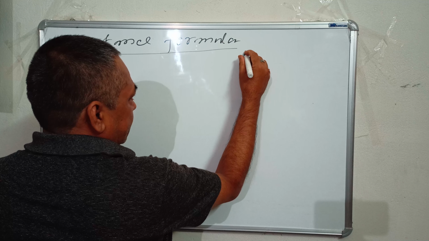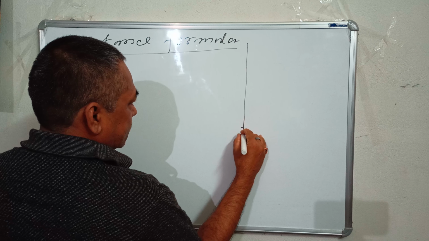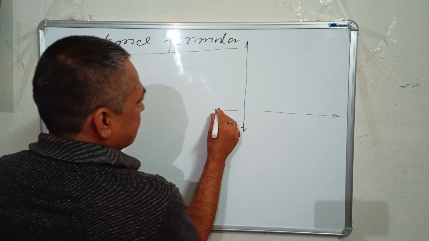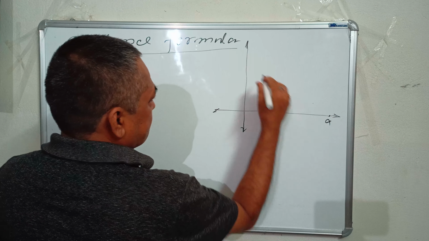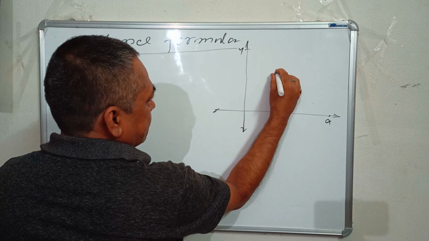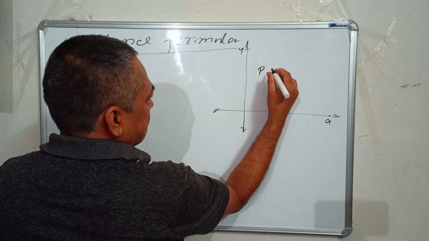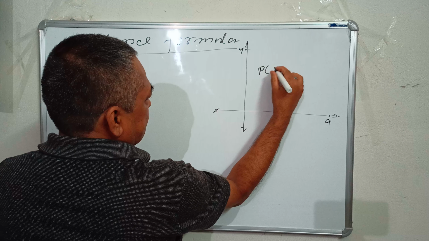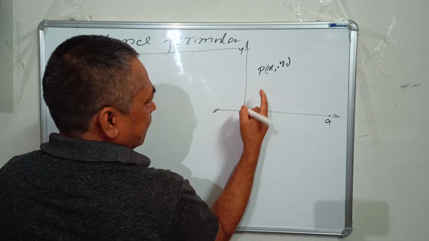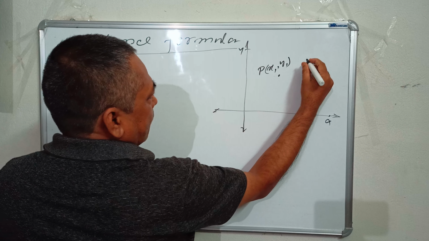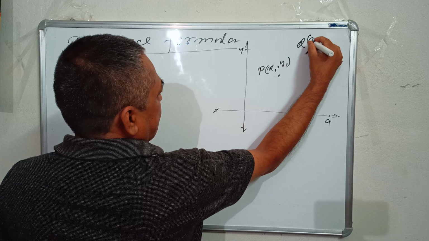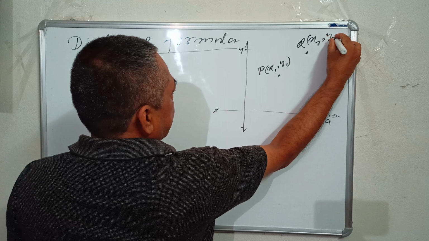Suppose again I take, this is the y-axis, this is the x-axis. Now I take 2 points. Say point P, its coordinates are x1, y1. And I take another point, say Q. Its coordinates are x2, y2.